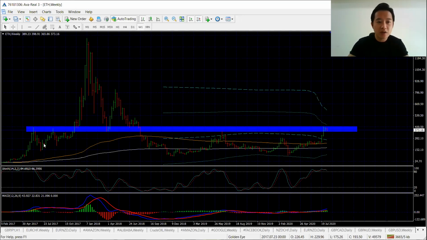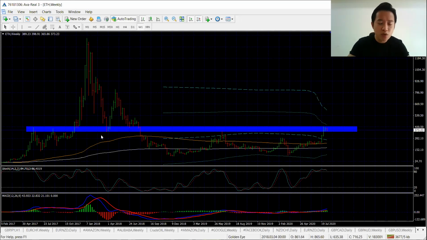When price is below this section, you can say that it's overall in a downward channel. When price crosses above, it's in an upward channel. You can say that this is the dividing line between the uptrend and the downtrend, because it's somewhat in the middle.